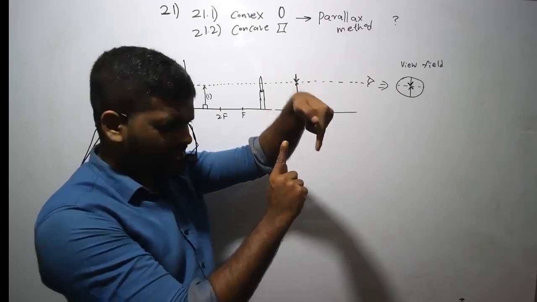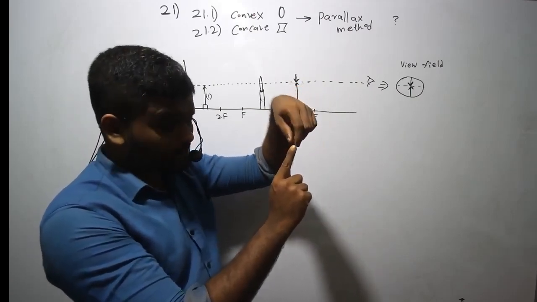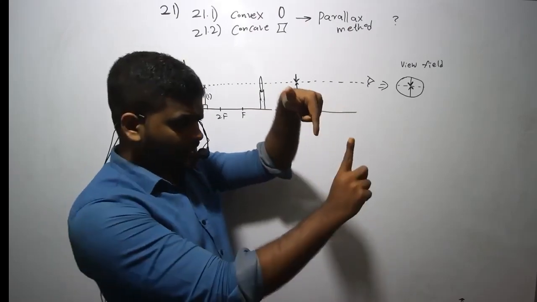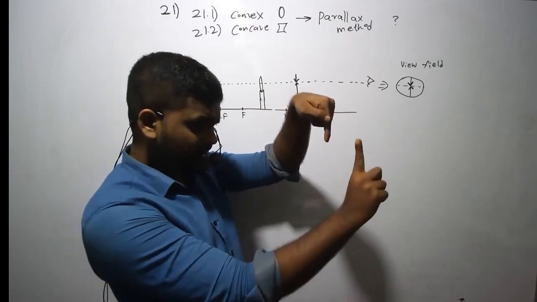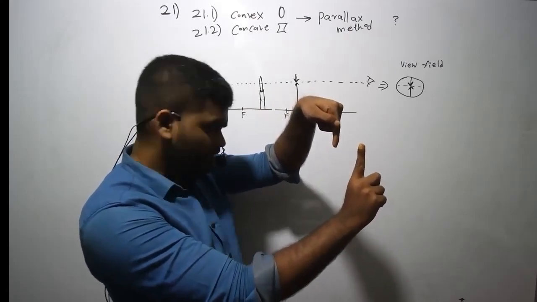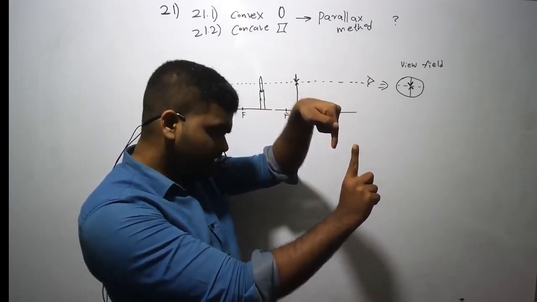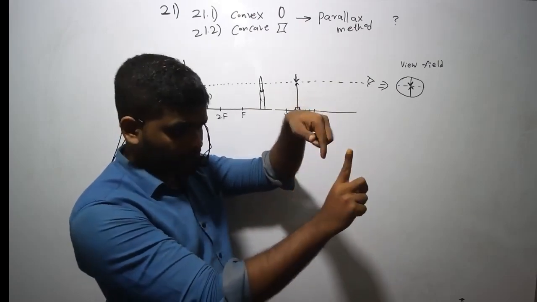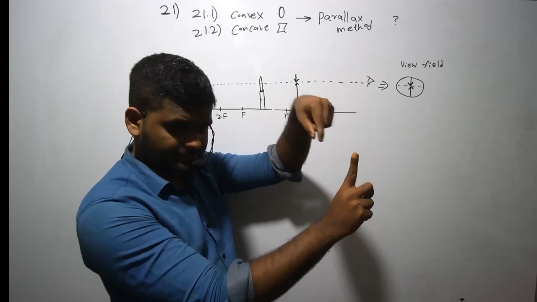So if the image is behind, it is moving in the same direction. Then you place, let's say, the observing pin behind the image like this. So when you move the eye, the image is moving in the opposite direction from the observing pin.